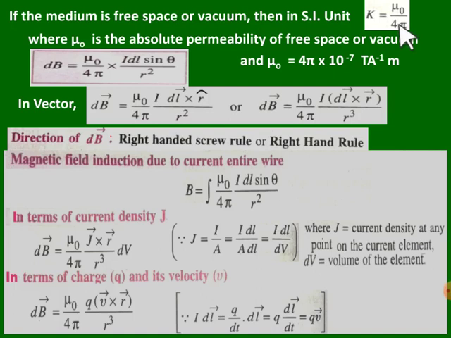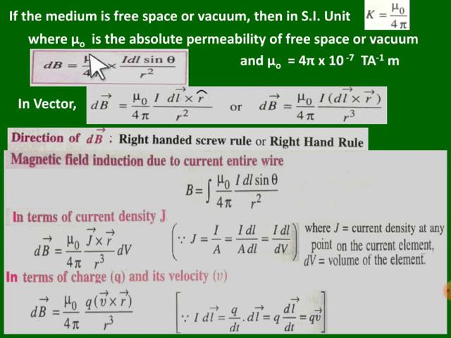What is this mu naught? Mu naught is nothing but the absolute permeability of free space or vacuum. How much the magnetic line of force can permeate through that particular medium, we call that permeability.